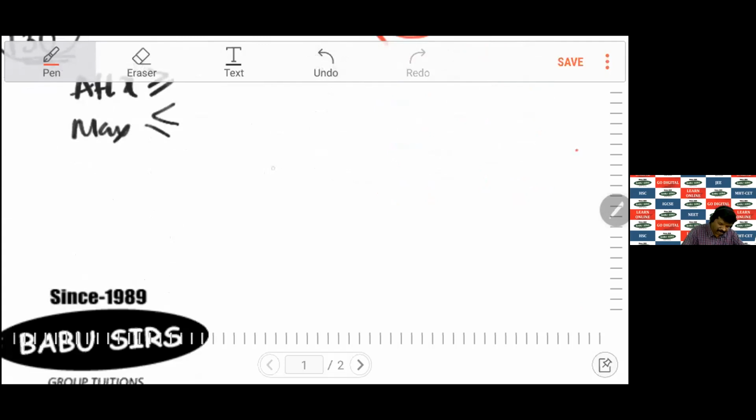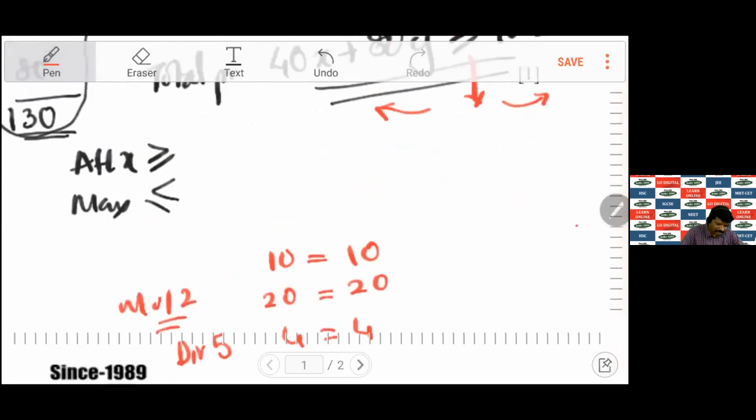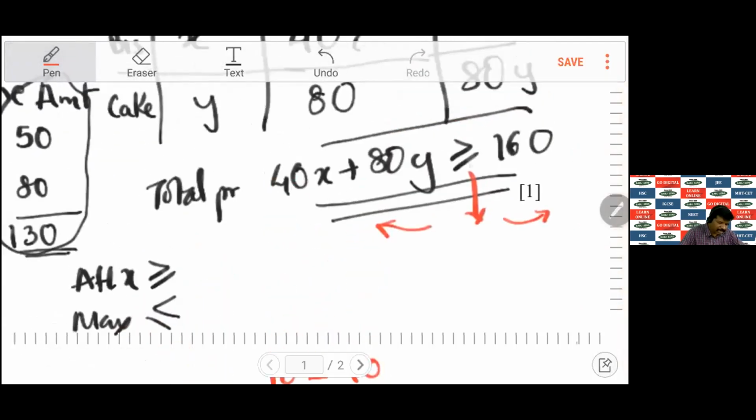Suppose 10 is equal to 10. Now you can multiply by 2, so 20 is equal to 20. Then you divide by 5. Always you have to do both sides, so 4 is equal to 4. Like that you can go on doing everything on both sides. So here, what can you divide it by?